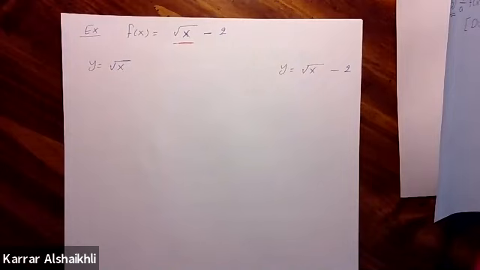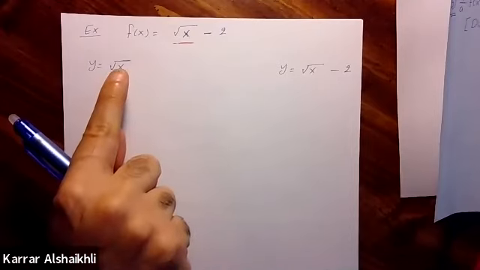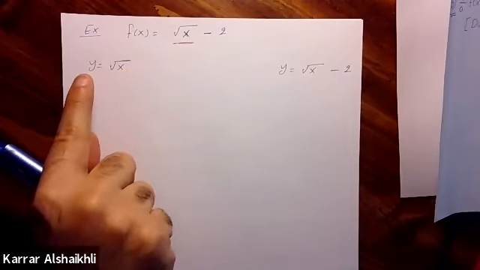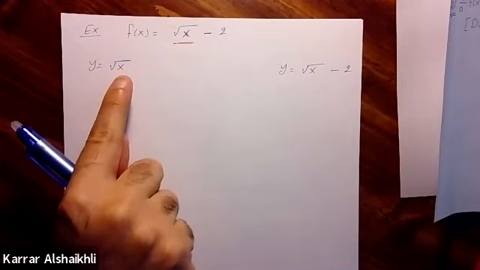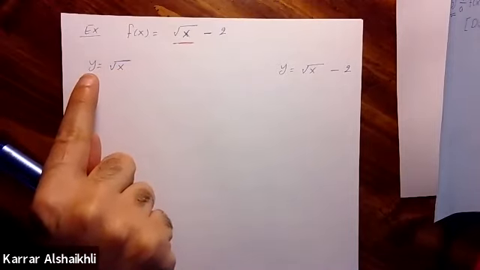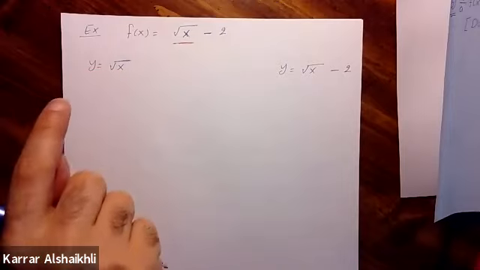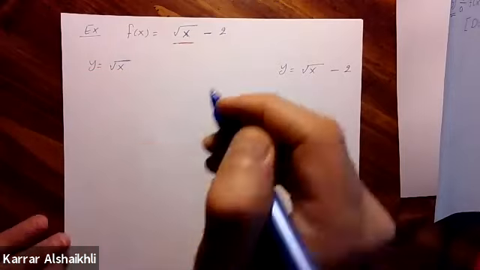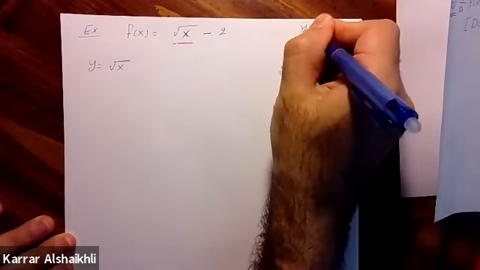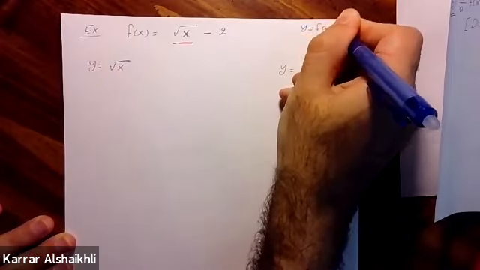Now, if you go back to previous section, I already gave you the points and I gave you the graph for this function. F of x equals square root of x. And instead of f of x, there's a y, which is the same thing. Because always keep in your mind, y equal f of x.